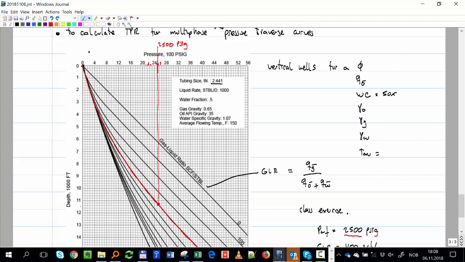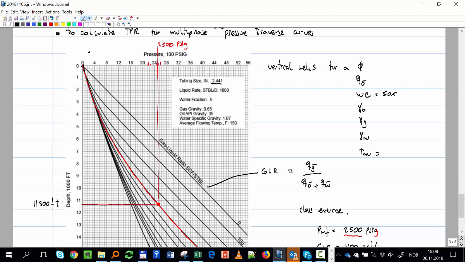How much is the depth that I get? It's like 11,300 feet.